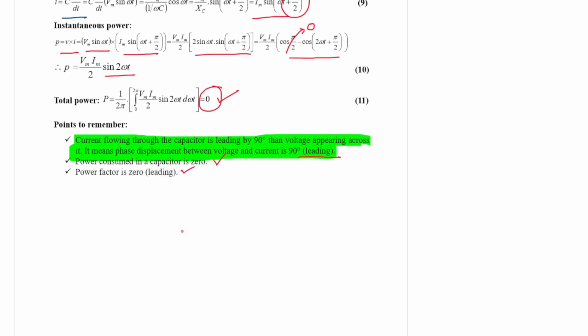And one more important dissimilarity is that in case of active power, both are 0. In case of active power P, inductor and capacitor do not dissipate any.